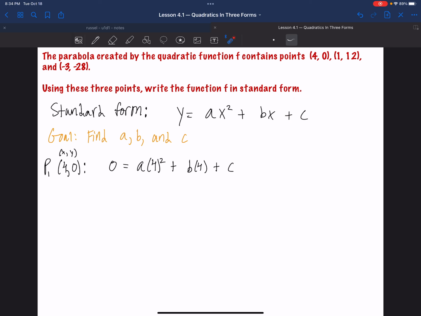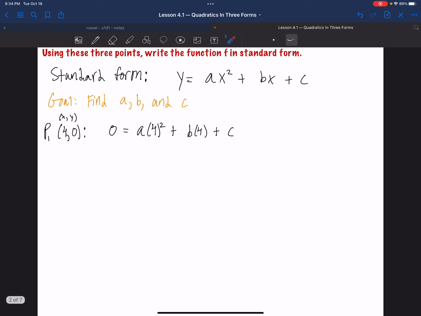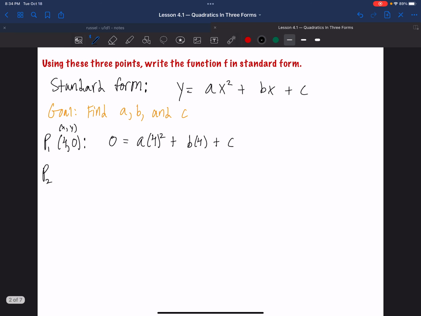Okay? All right. So let's go. Point 2 is, what was it? (1, 12). And so point 2 is (1, 12), which means y is 12 and x is 1.